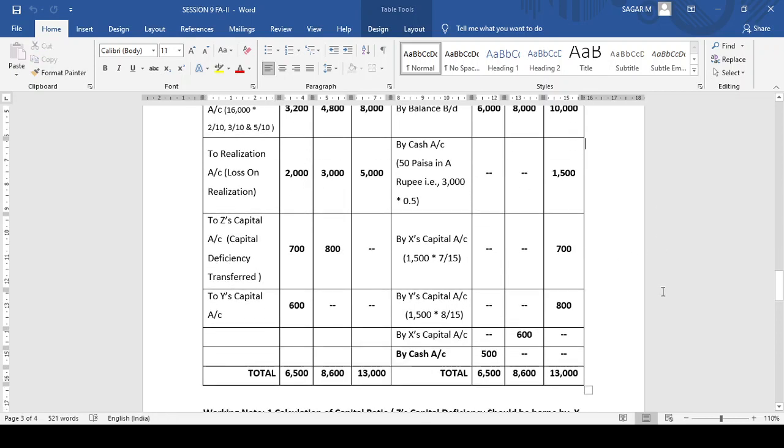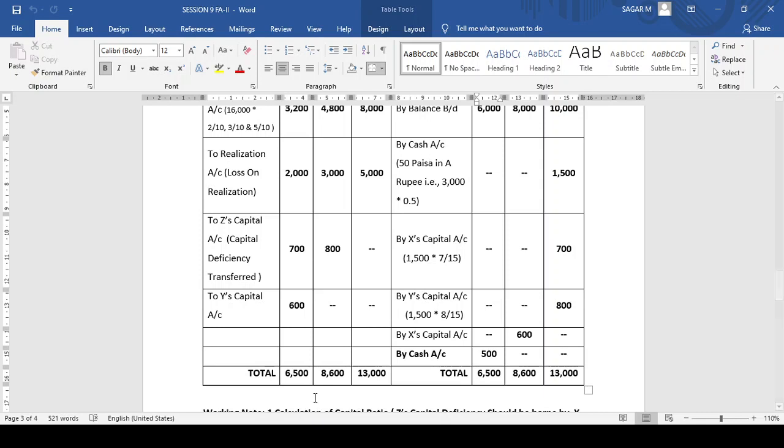After this, again look at the totals. If you compare X's capital, we are again getting a debit balance lesser compared to the credit one. But if you look at Y's total on the debit side, this time it is 600 more.